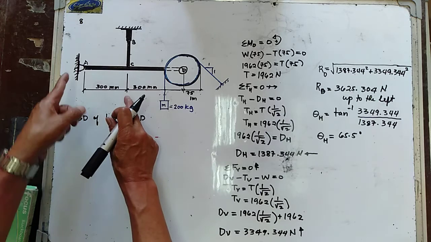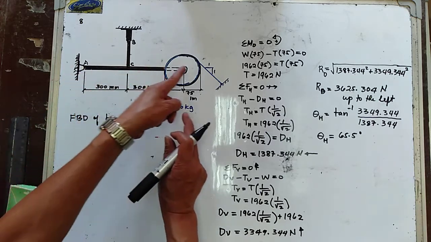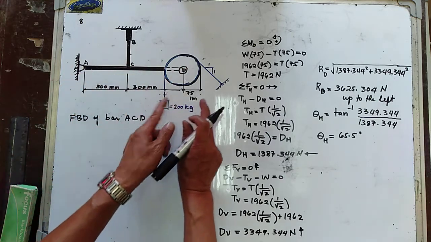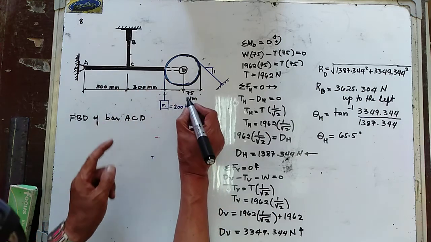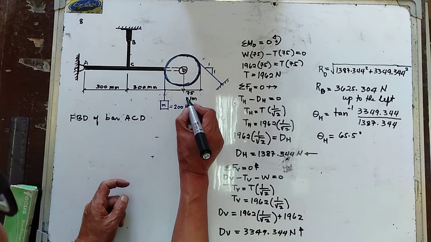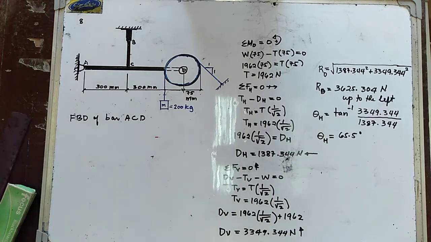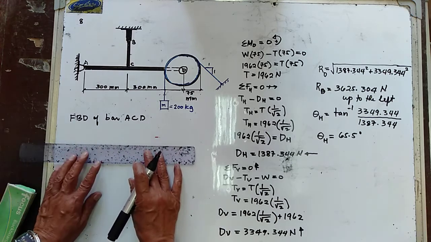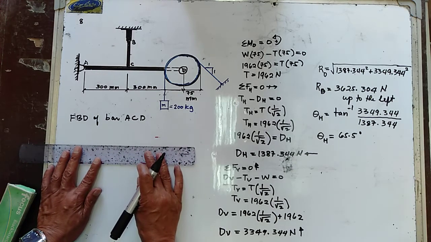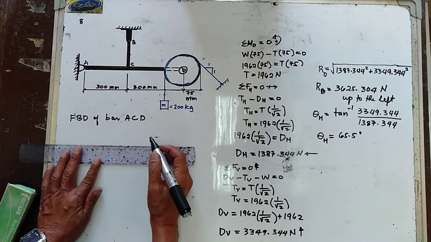So A to C is 300, C to D is equal to 300. The radius is 75 millimeter. So let's draw now the free body diagram of bar ACD.